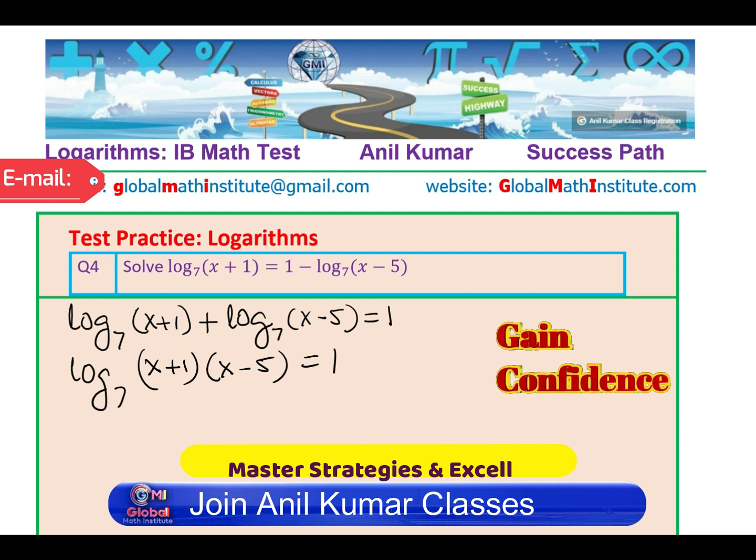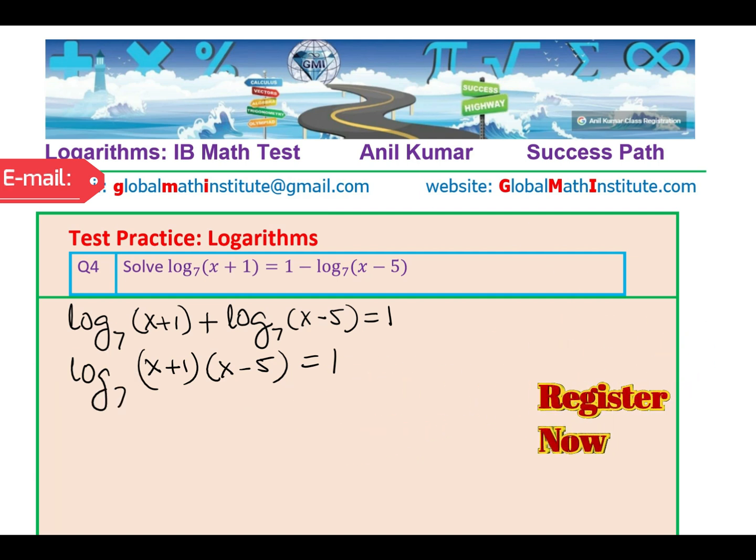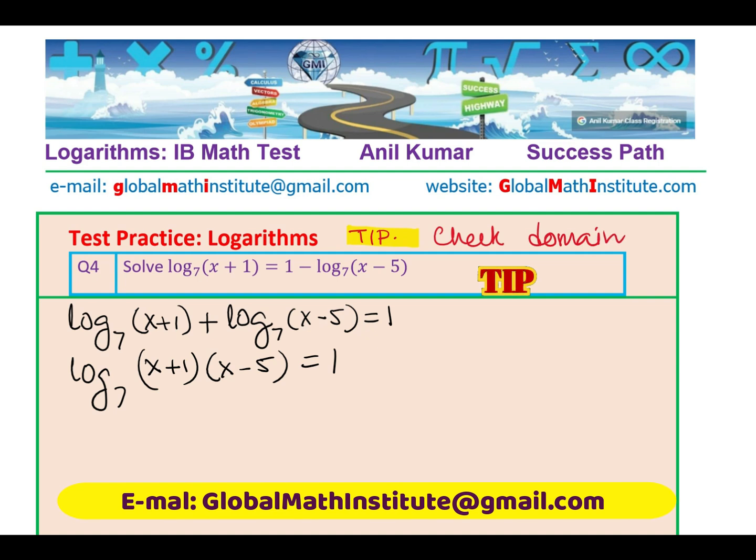Now, to solve these logarithmic equations, you should always look into domain. That is the strategy. So, a tip here is to look into the domain, right? So, let me write down the tip here for you. Check domain, as these questions might have extraneous roots. So, what could be the domain?